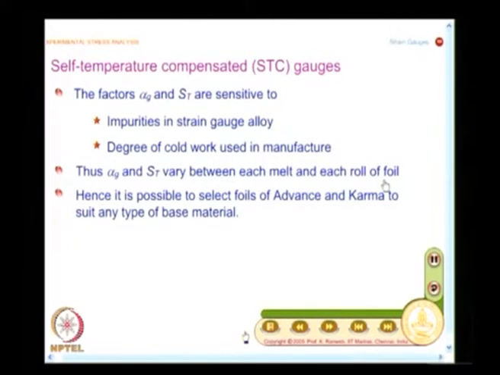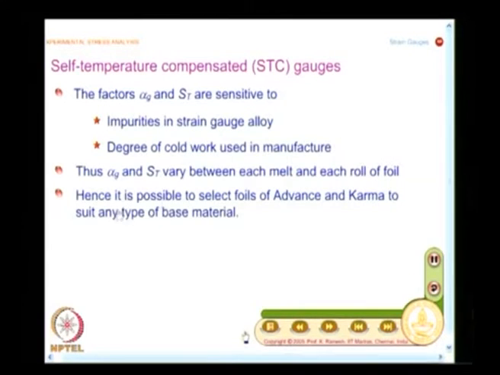So, what you do is, you go through the metallurgical process, create the foil, then estimate what is the value of alpha g and St for that particular batch, and use it for making strain gauges for a particular base material. This is the physics behind it.